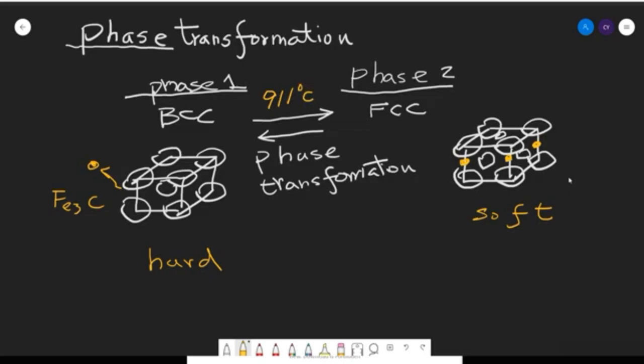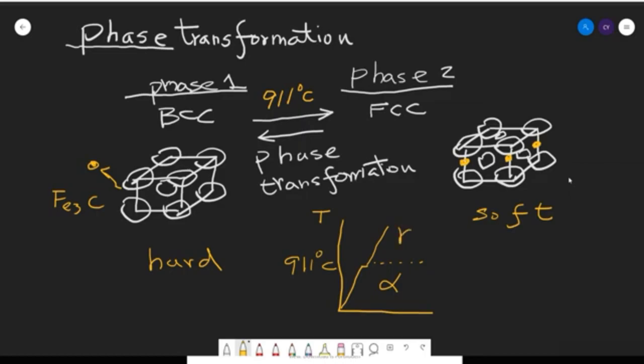The meaning is, if the y-axis is temperature, when the temperature increases past 911 degrees, the phase changes from ferrite to gamma.